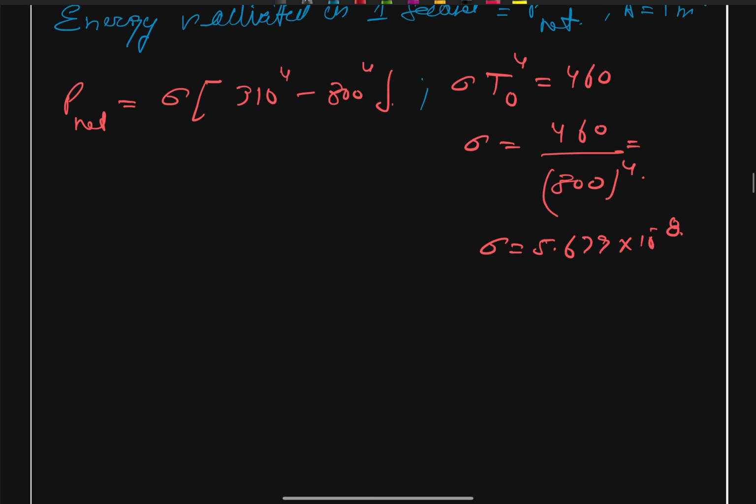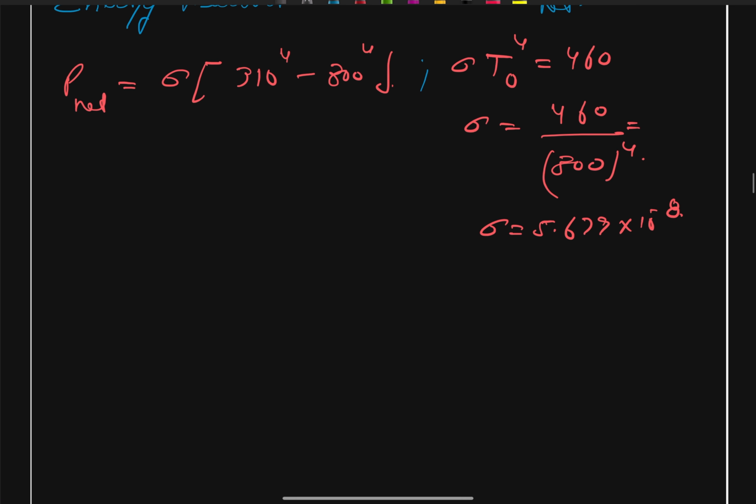Okay, so we substitute it. We get 5.679 times 10 to the power minus 8, and we have 310 raised to power 4 and 300 raised to power 4.